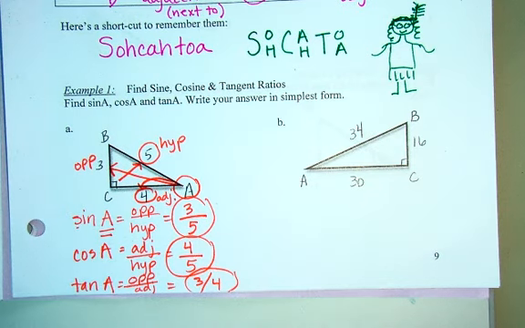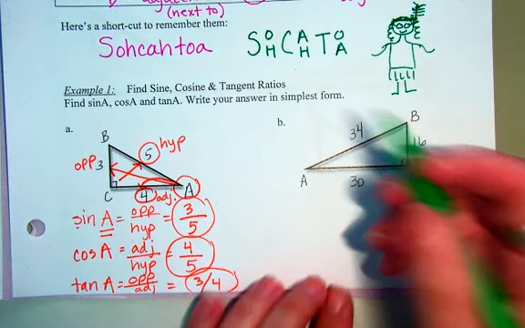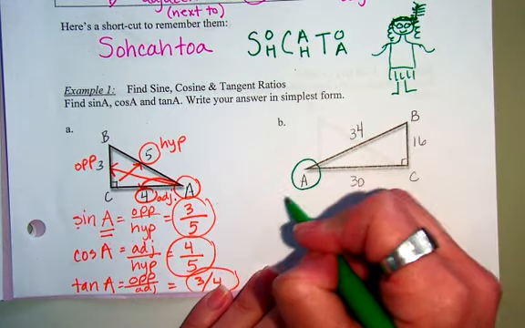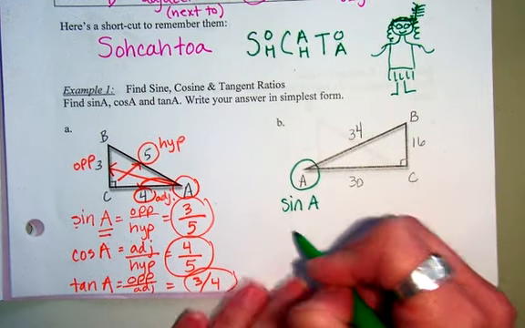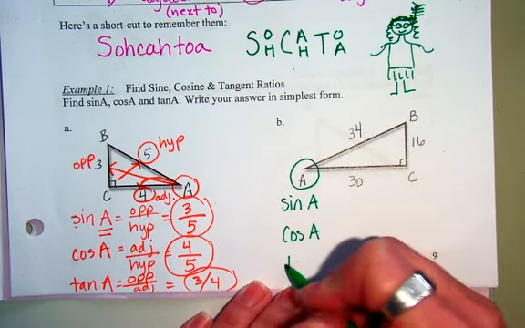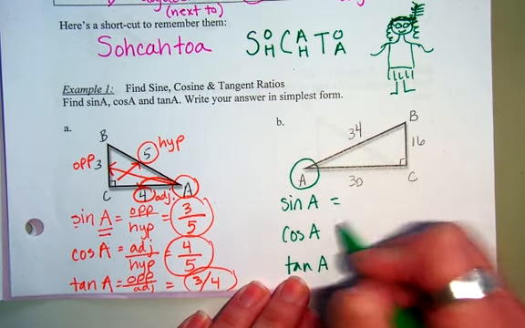Now this triangle's turned a little bit, but it's still the same idea. Let's find sine, cosine, and tangent of angle A, which is what they're asking for this one. Here's angle A. Sine, cosine, tangent. Go ahead and try them by yourself.